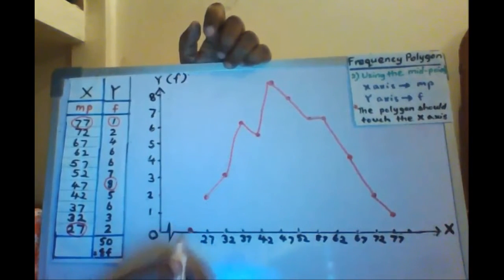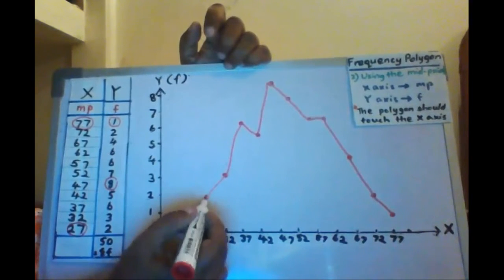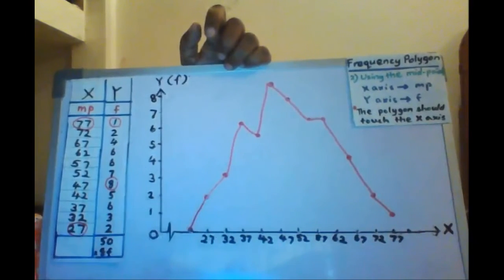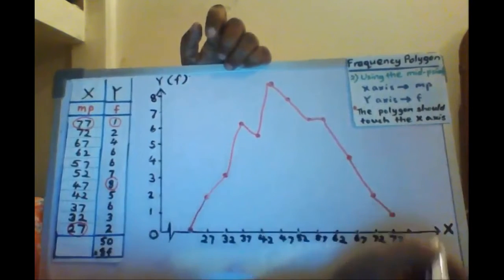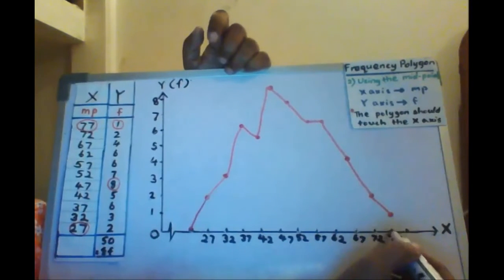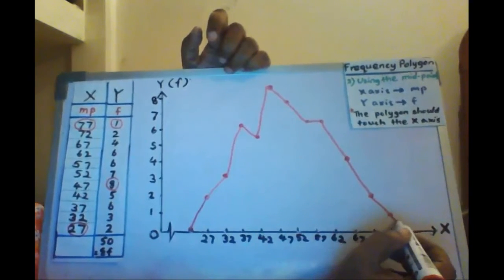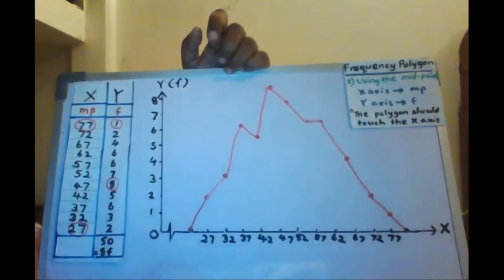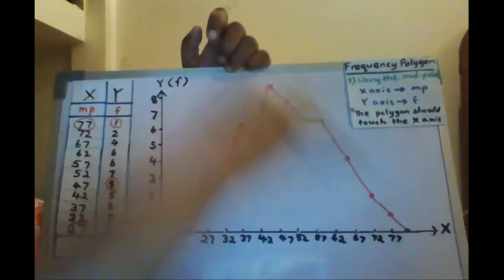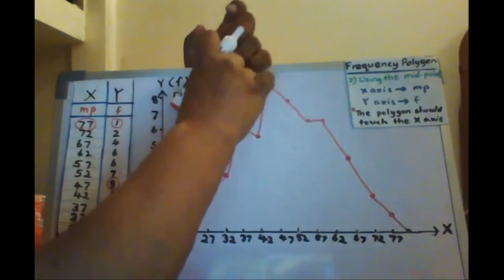Not here, this corner one. Join. Okay. This side also 77. Then this next value will be actually 82. You have to mark like this. This will be the frequency polygon.